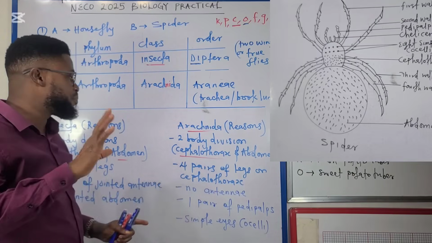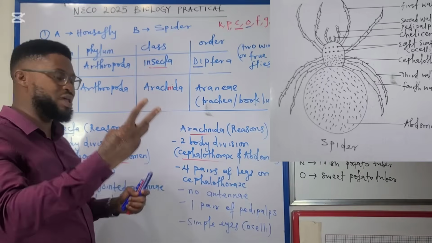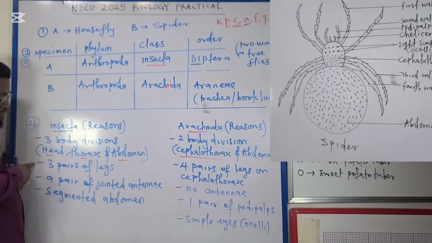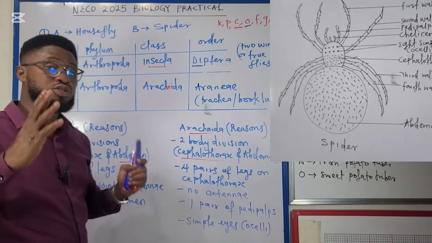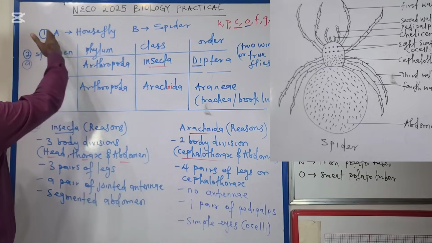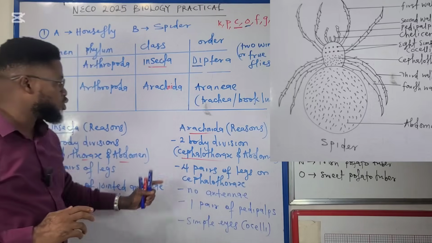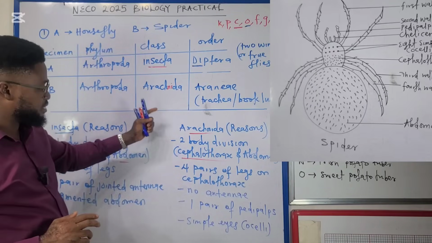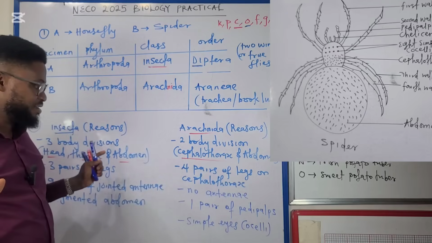Also, it has 4 pairs of legs on the cephalothorax, 4 pairs, as against 3 pairs which insect has. So which means these reasons we can also use to differentiate between specimen A and specimen B. Now also why we are putting this into the class Arachnida is because it lacks antennae.